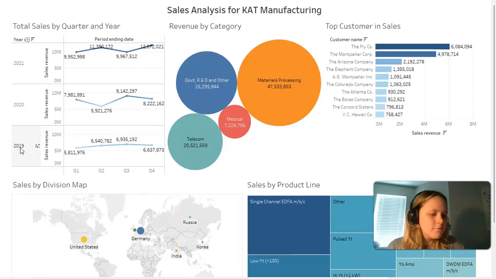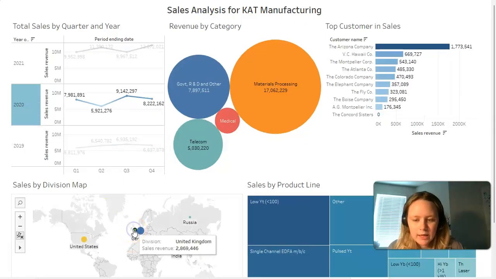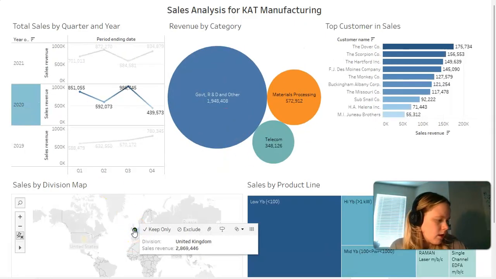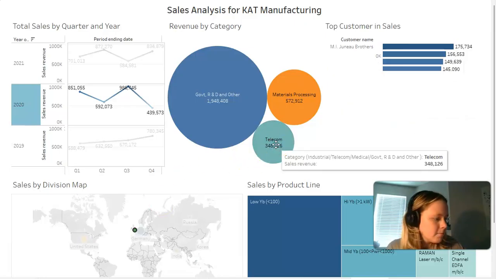And then for question 5, in 2020, which quarter had the highest sales in the telecom category under the UK division? So first we're going to navigate to 2020, and then the UK division, and then the highest sales in the telecom category.